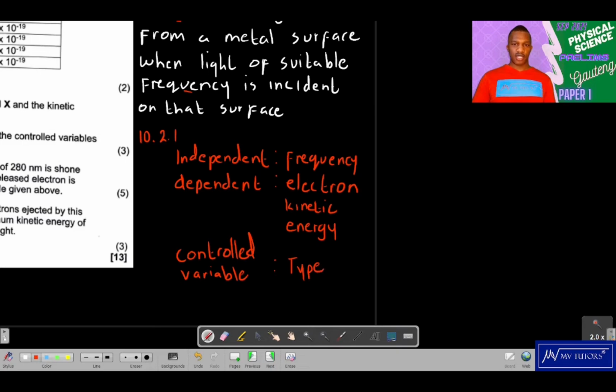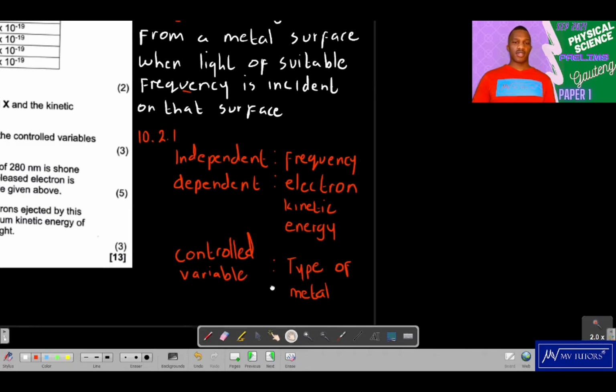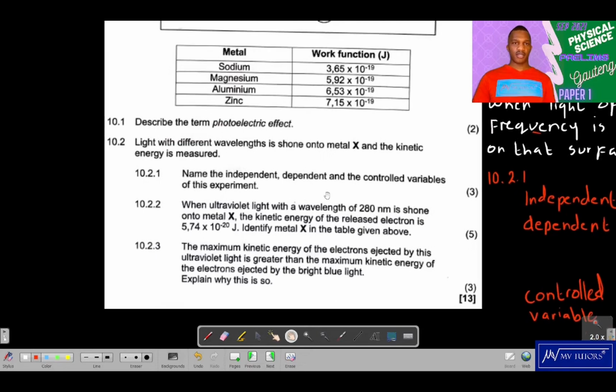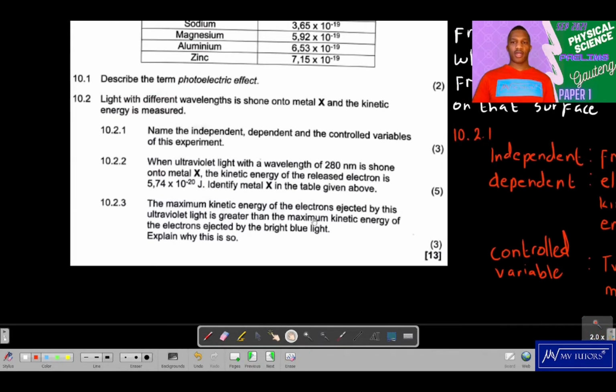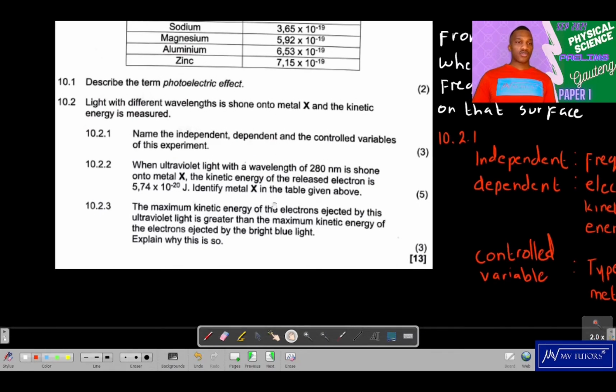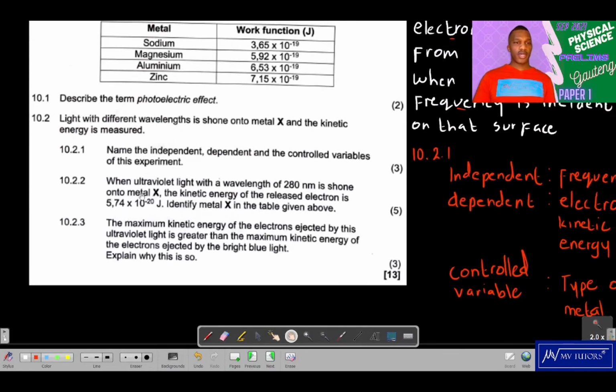You change the type of metal. The controlled variable, the variable that is consistent here, is the metal. Okay, it's control. Now let's go to 10.2.2.